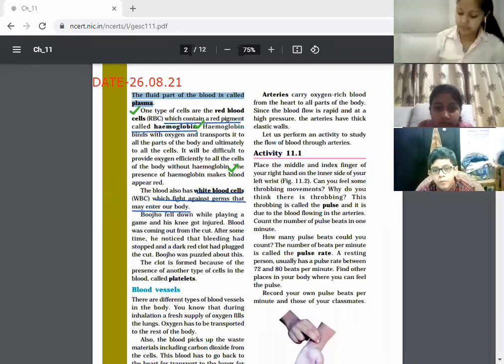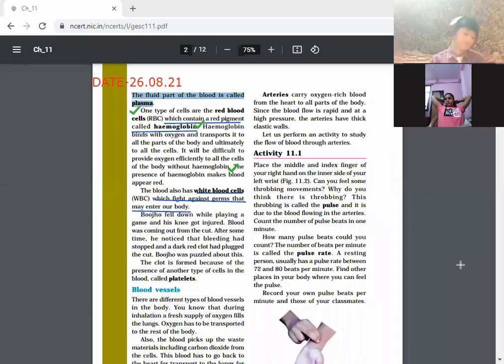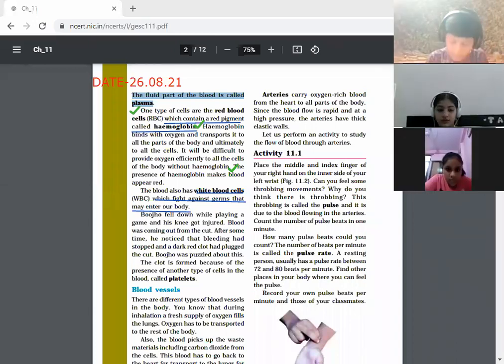One more type of cell, as I have shown you in the web chart, is platelets. Now let's see what is the function of platelets. Children, let me give you one example. When you fall, the blood starts flowing, and after some time you have noticed that the bleeding stops.